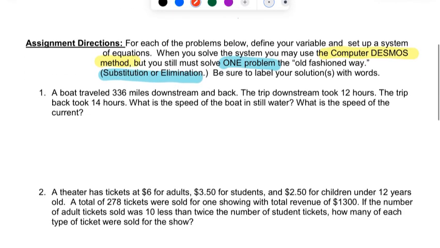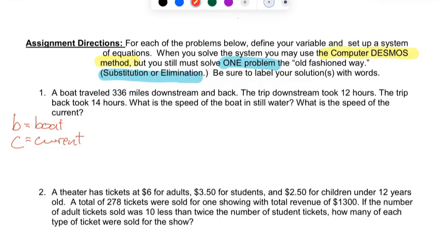So let's take a look at the first one. Looks kind of like the first example that we did in class. We've got the boat, we've got the stream. Remember that the B does represent the boat speed, but that's just the boat by itself. And C does represent the current speed, but again, that's the current by itself.